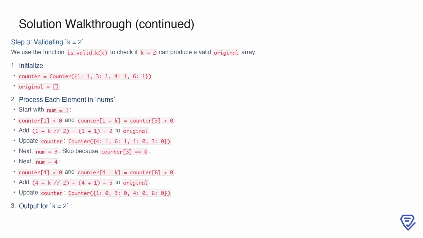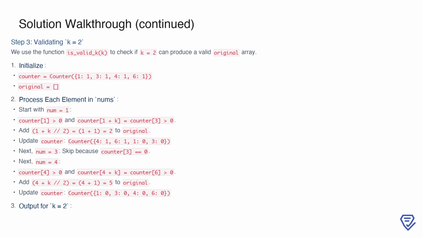The counter becomes {4: 1, 6: 1, 1: 0, 3: 0}. Next, for number equals 3, we skip it because its count is now 0. For number equals 4, we check if it and its paired element, 4 plus k equals 6, are available. Both are valid, so we add 4 plus k//2 equals 5 to original and update the counter again.